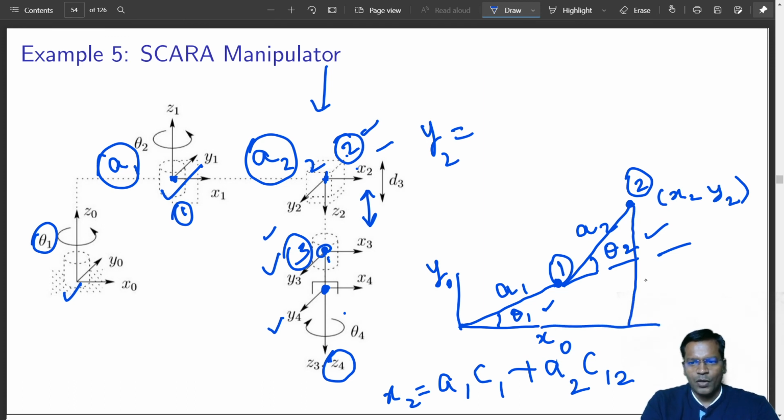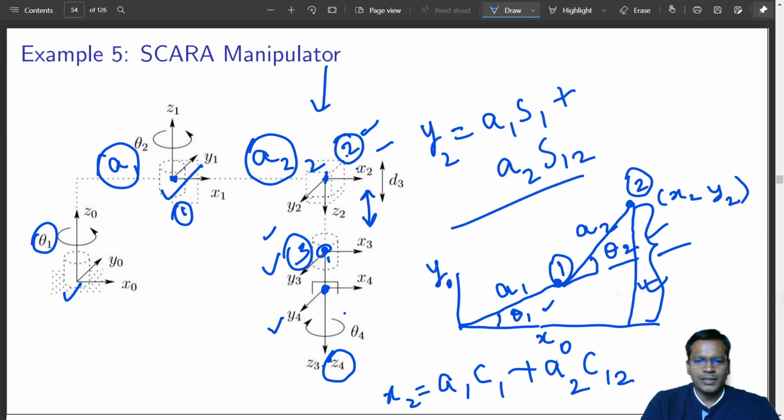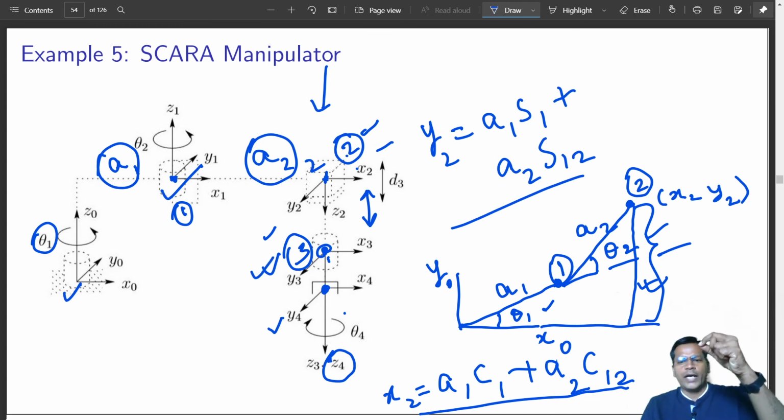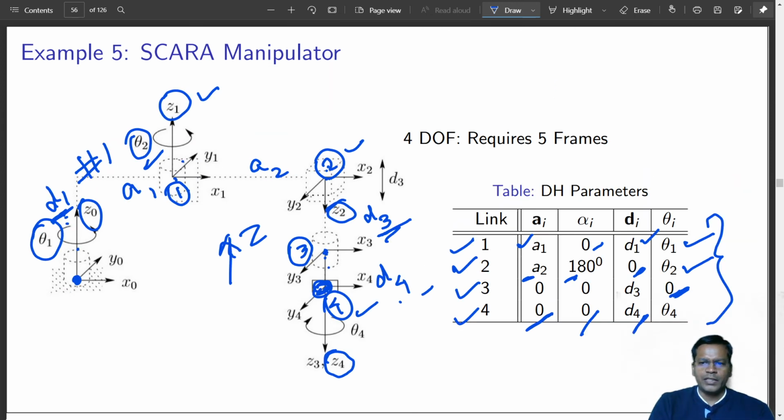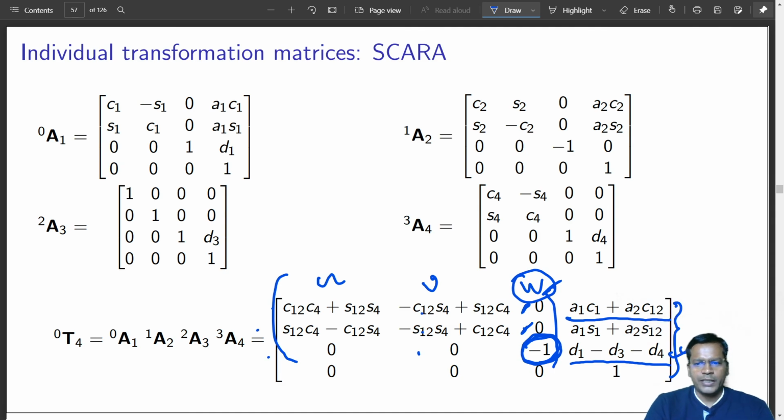How much is this distance from here to here? It is exactly a1 s1 plus a2 s12. So this is x2, this is y2, and the same x2, y2 will be communicated to all the points which are below that. And that is what is visible even in your forward kinematics.